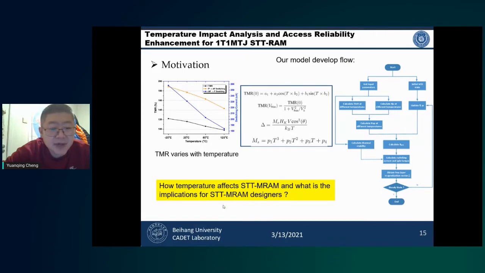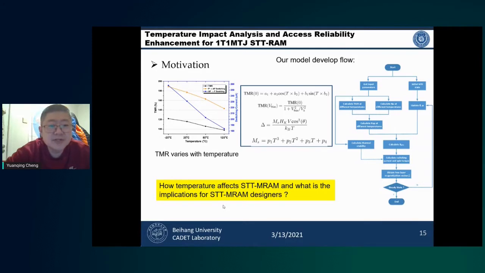As shown in the left figure, we can observe that the TMR decreases with the temperature. Because we use the difference of high resistance and low resistance to sense the MTG cell so that we can read out the data stored in the MTG, if the TMR is very small, it implies that it will be very difficult to read the data in the MTG.